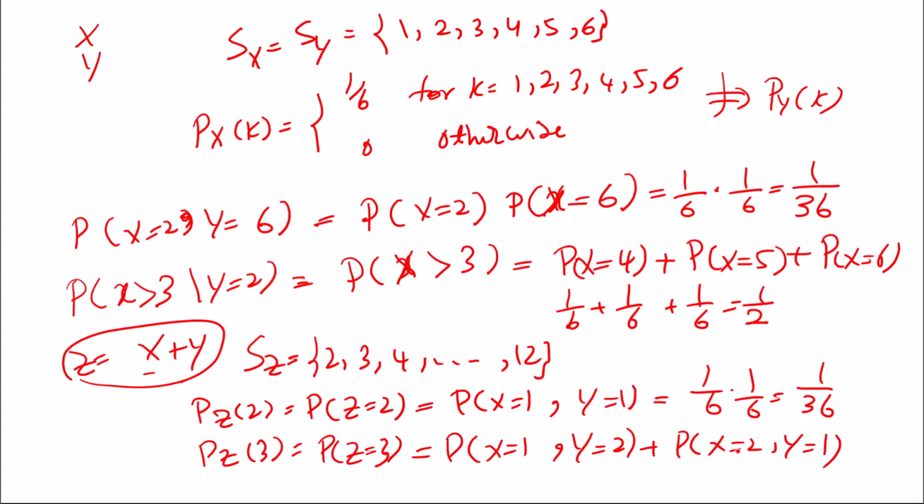So it means one of them is X is 1, Y is 2, or X is 2, Y is 1, right? Because they are independent, this will be P_X multiply P_Y, right? So 1 by 6 multiply 1 by 6 plus 1 by 6 multiply 1 by 6, which gives you 1 by 18, right?